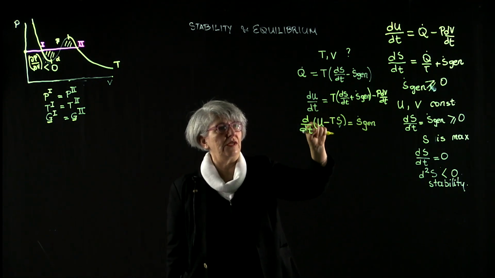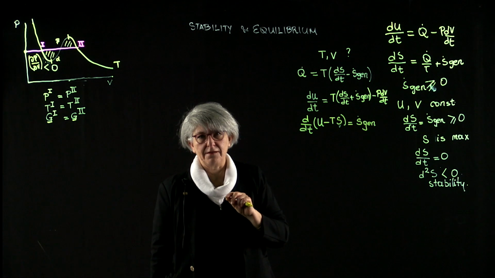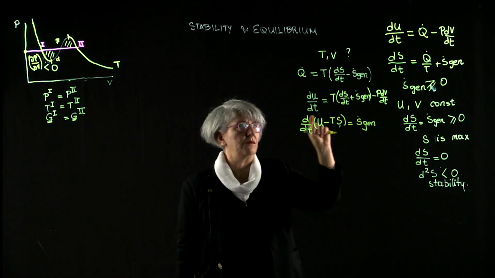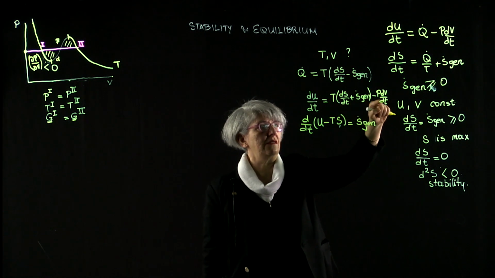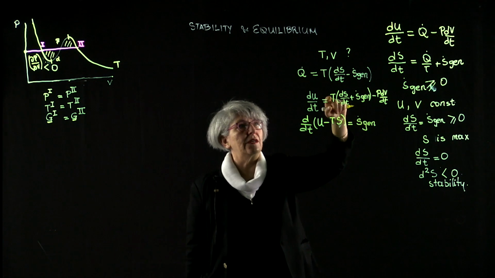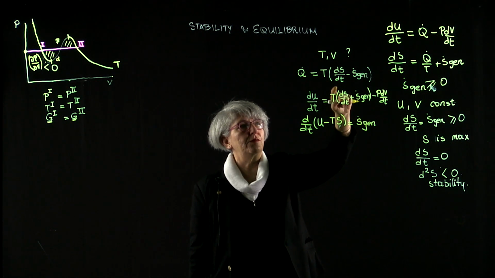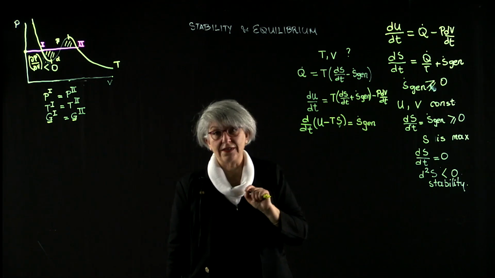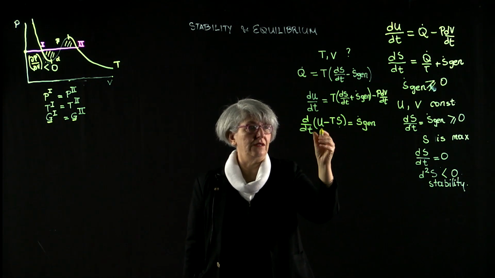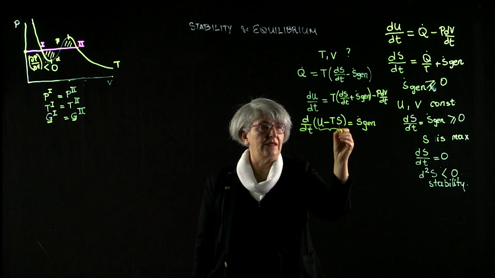Between those two equations, we have done two things. Number one, volume is constant, so we dropped this term out of the equation. Temperature is constant, therefore we put this temperature into the derivative sign. So the final equation is as follows.